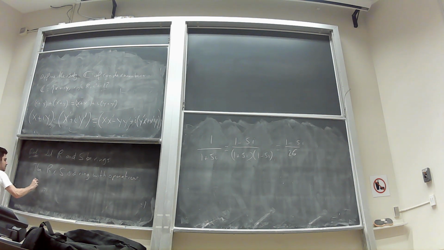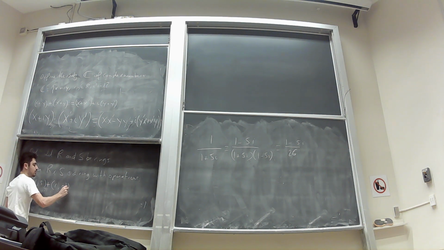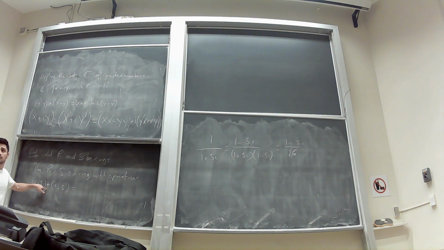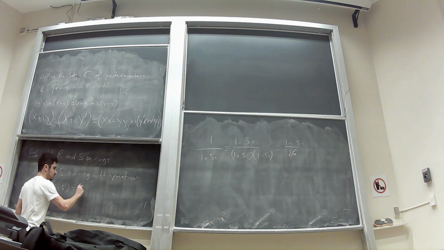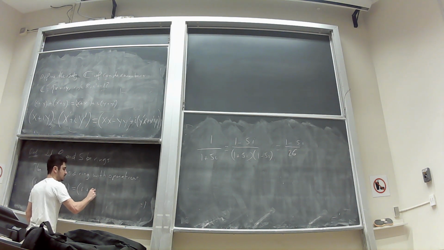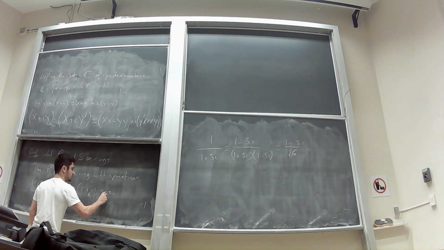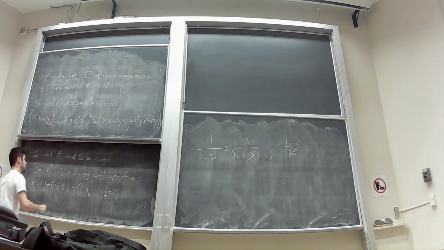Take an element (r, s) plus (r prime, s prime), how do you define this addition? You just add them in their respective rings, right? The addition in R, the addition in S.